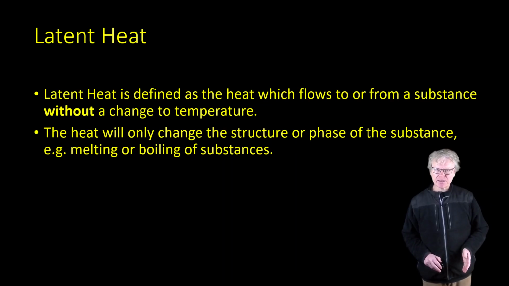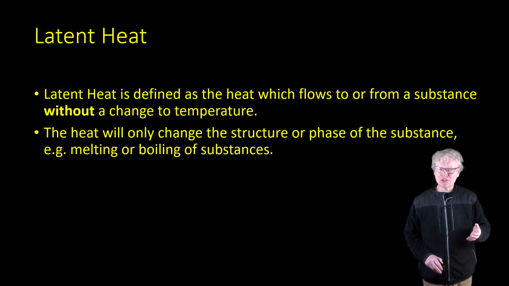But there's another type of heat that you can't feel, and that's called latent heat. It's hidden heat. Now this can get a bit technical, so try and bear with me. We define latent heat as the heat energy stored in a substance, or heat energy that flows to, or in fact from, a substance without a change in its temperature. So what does the heat energy do?